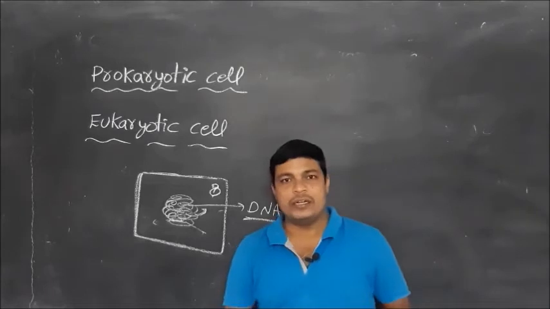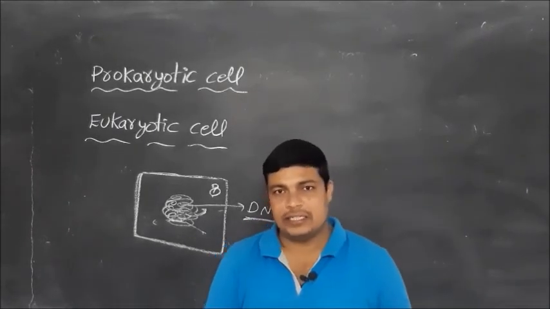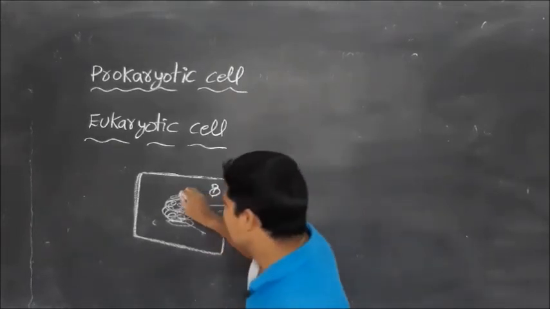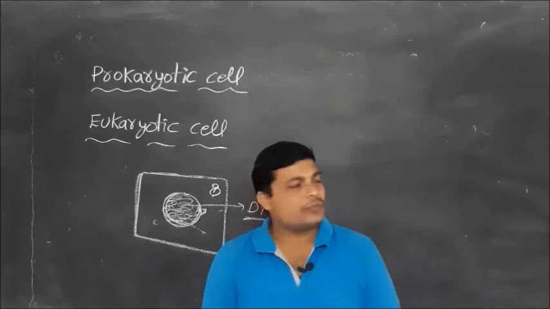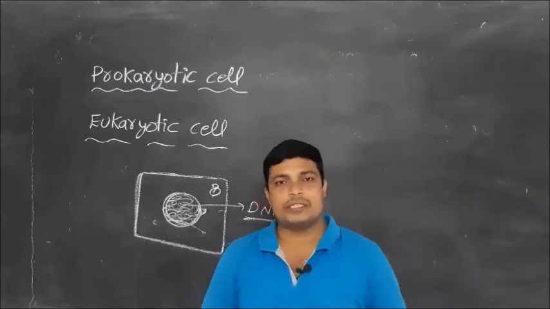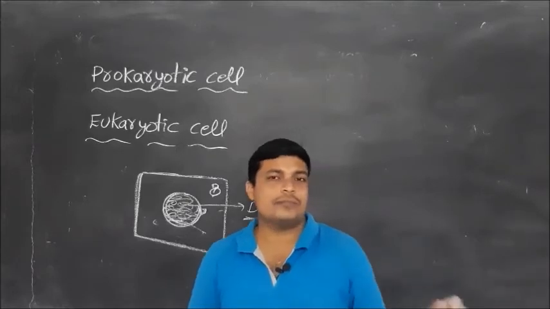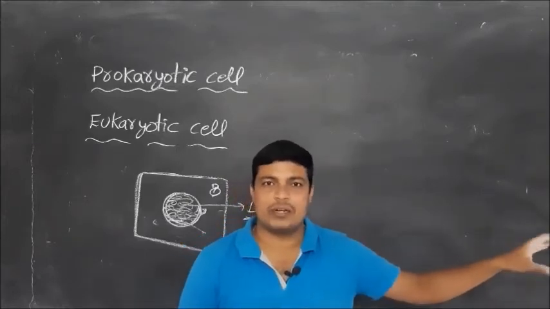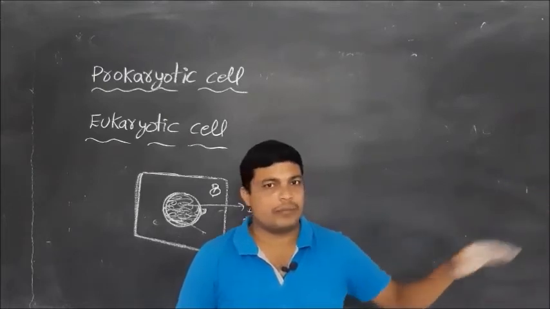Now, the next question is, what is the location of DNA? Location of DNA, nucleus. Suppose, what is the location of the principals? Students will say, sir, the principals or headmasters are in the office rooms of our school or college. So, principals have a separate chamber, a separate room, yes or no?